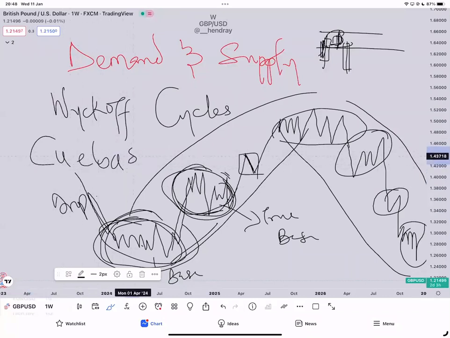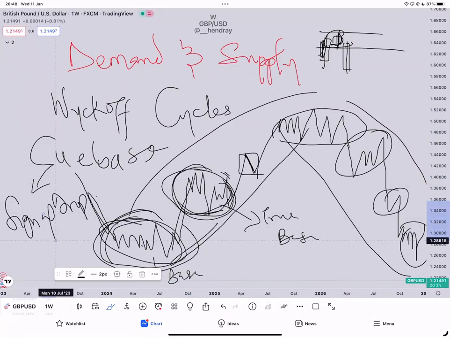What is the meaning of a Q? A Q simply means a signal. Something that happened just before another thing happened. That is the reaction before a break of structure. So it is more like a signal. Q means signal, that is why we call it a Q base.